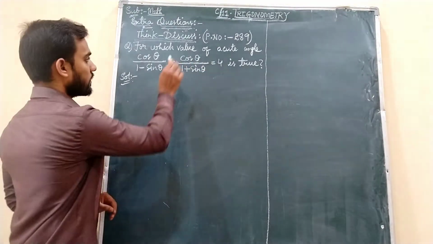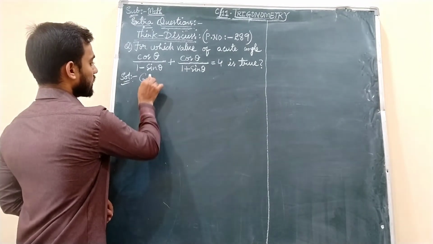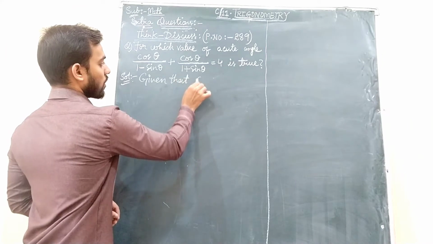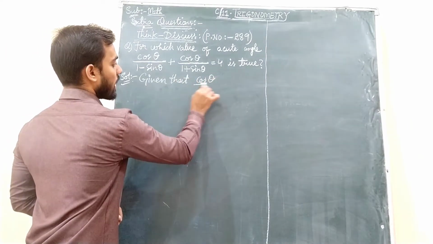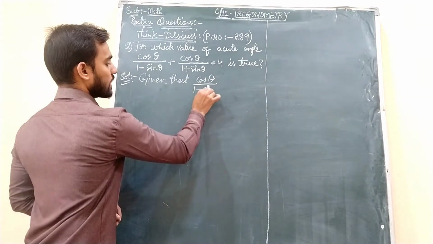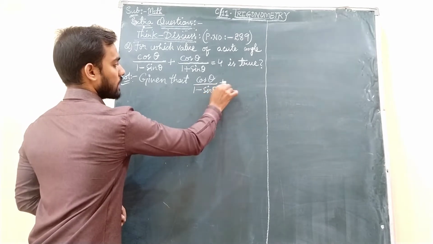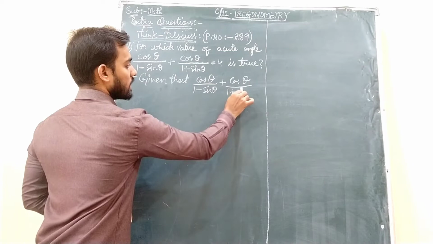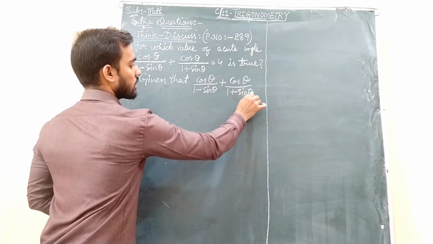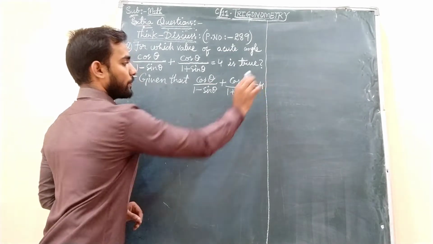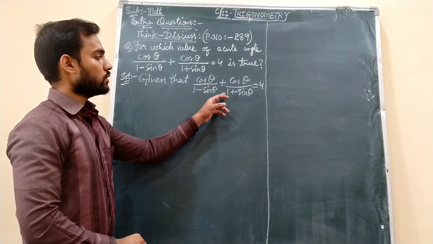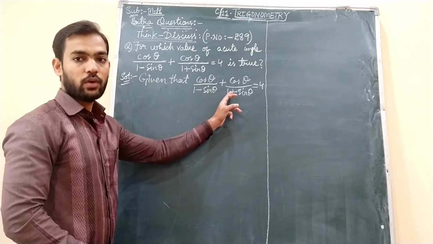Understand? For which value of acute angle means you need to find the acute angle, that is nothing but the value of theta. Okay. So firstly we will write this equation. Given that, what is given to us? Cos theta by 1 minus sin theta plus cos theta by 1 plus sin theta equals 4. Understand? This we wrote. Now you need to add them. How can we add?